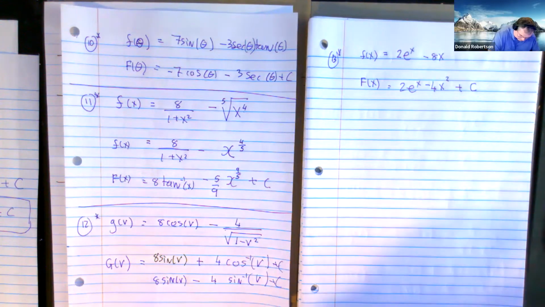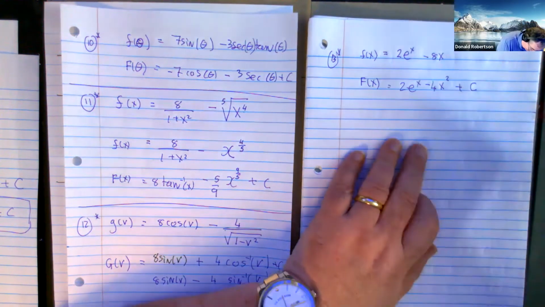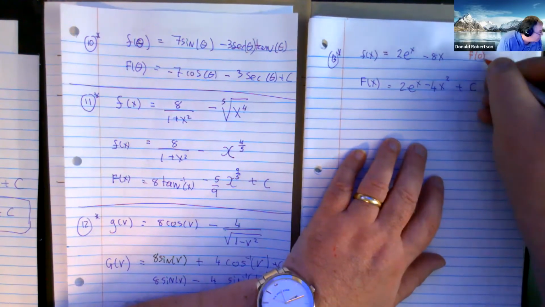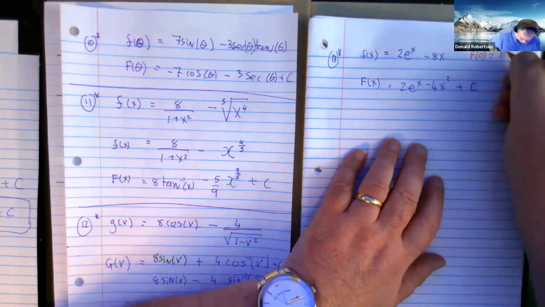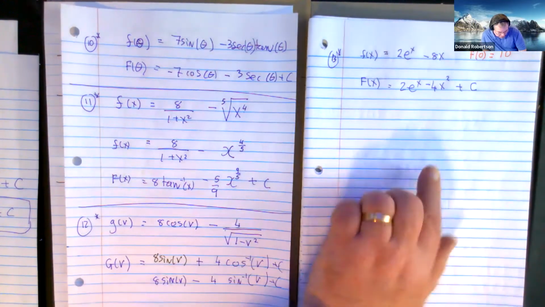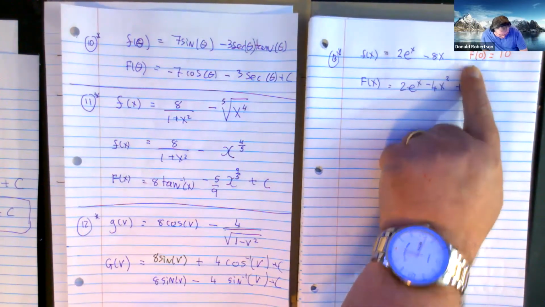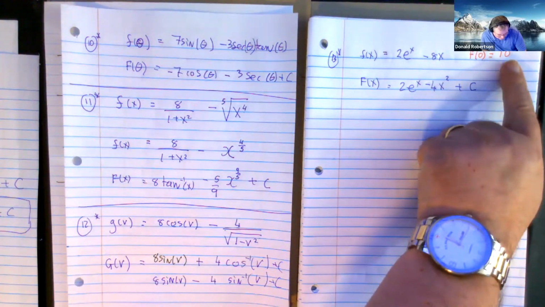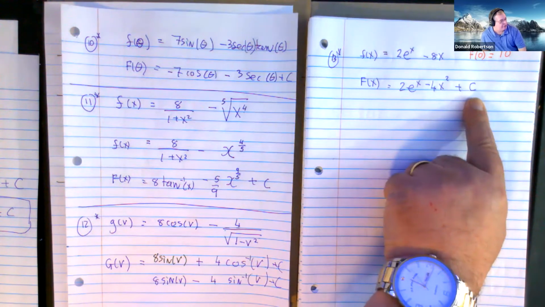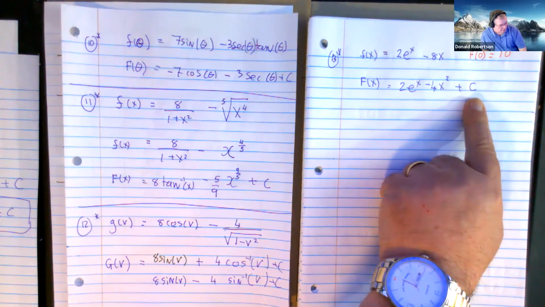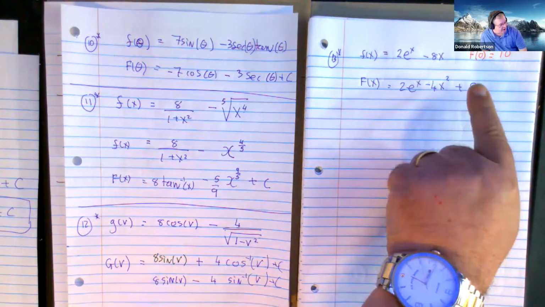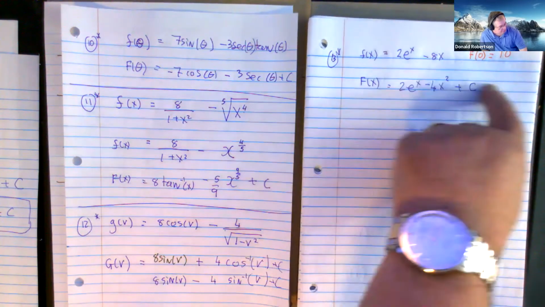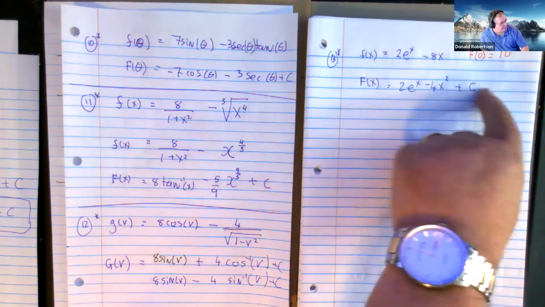But suppose I give you an extra piece of information, and I tell you that f of 0 equals 10. So I tell you that the value of the antiderivative function, that's this guy, when x is 0 is the number 10. You can use that to figure out who c is. So that's the new question. Find the antiderivative and find out what number c is, so that when you're finished, you'll have nothing but numbers and expressions, right?